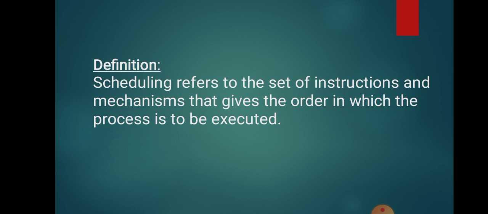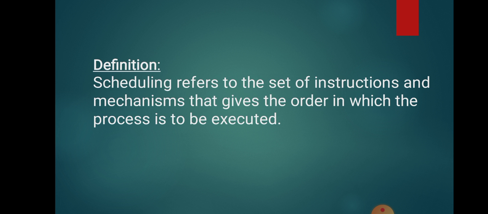Those mechanisms and rules give the order in which the processes are going to be executed. In a simple way, scheduling means deciding which process is going to execute first and so on. This is process scheduling.